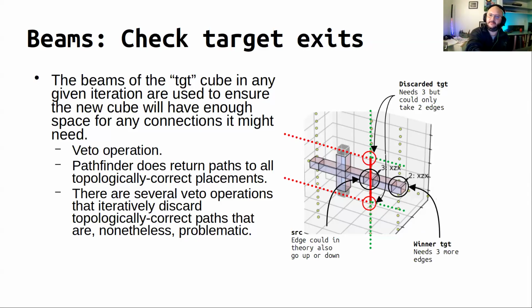So once the results come back to the graph manager, the graph manager says, okay, yes, we could do that in a topologically correct way, but there will be a conflict because we need 3 exits for the next one. And if you put it up or down, you only end up with 2. That is done by checking how many of the beams are broken by pre-existing structure.